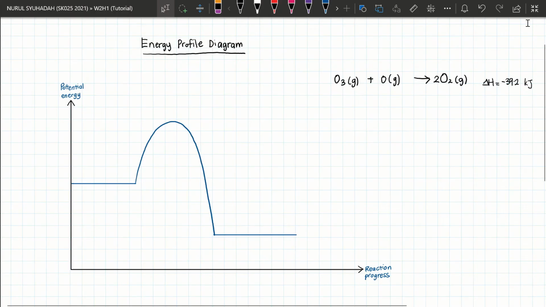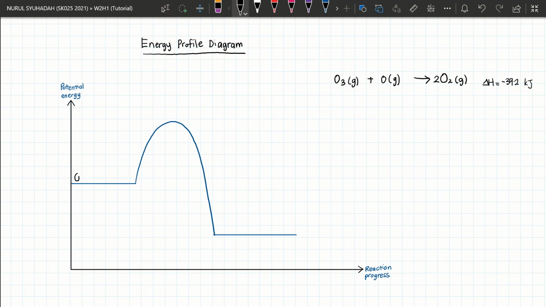So this is the energy profile diagram for our reaction here, O3 plus O to produce 2O2, and the delta H is negative 392 kilojoules. I already drew the shape of the energy profile diagram for our exothermic reaction. So now let us label together.